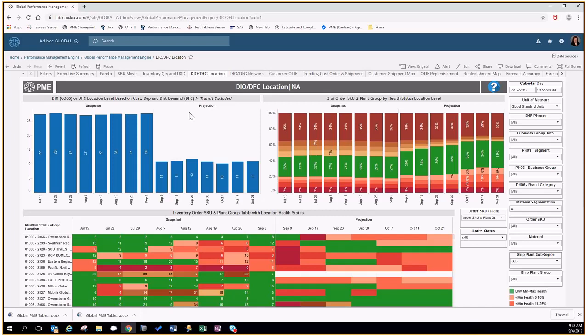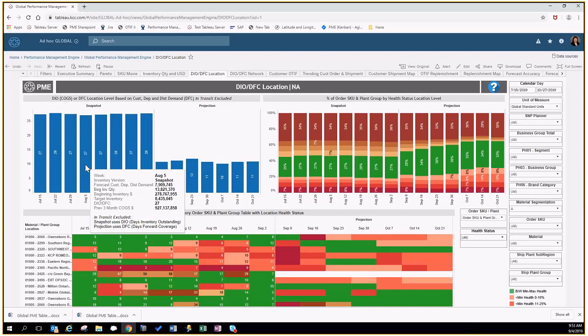They actually want this DIO, but DFC is only available at the ship group level. We force the entire tab to be only at the ship group level, but DIO is something they want to see at a ship plant level. And because we were forced to go to plant group, they can't ever see it at plant.